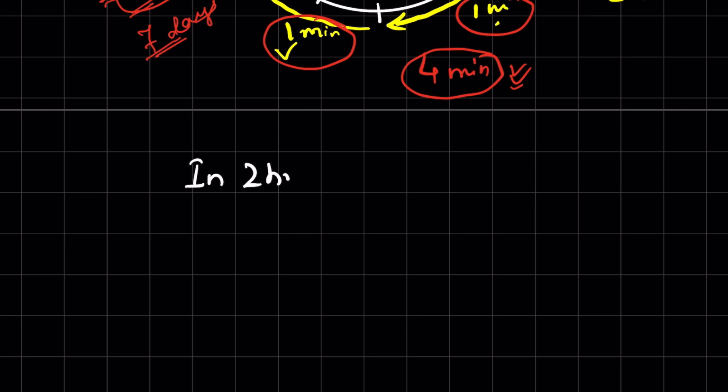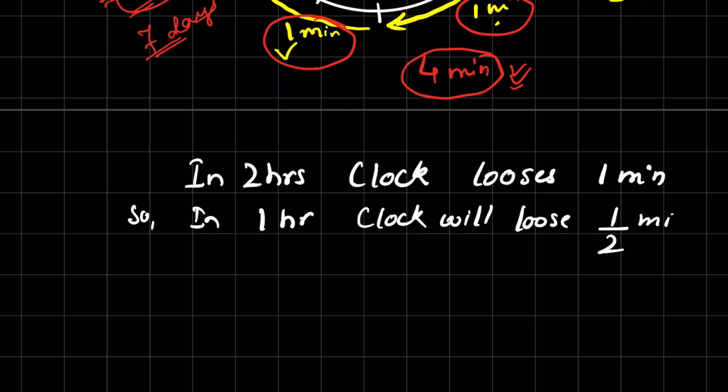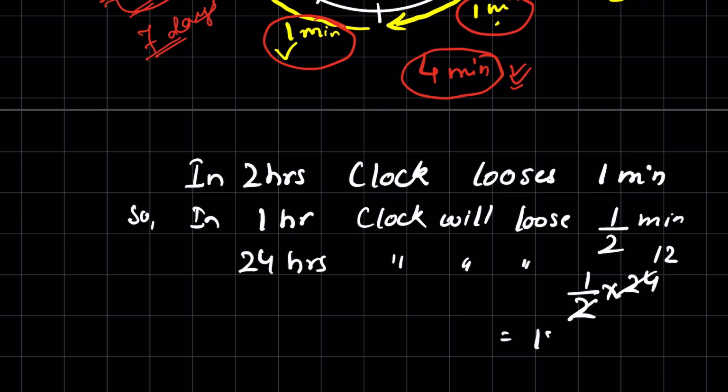In 2 hours, the clock loses 1 minute. So in 1 hour, the clock will lose 1 upon 2 minutes. Therefore, in 24 hours, the clock will lose 1 upon 2 times 24. Now 2 times 12 is 24, equal to 12 minutes.